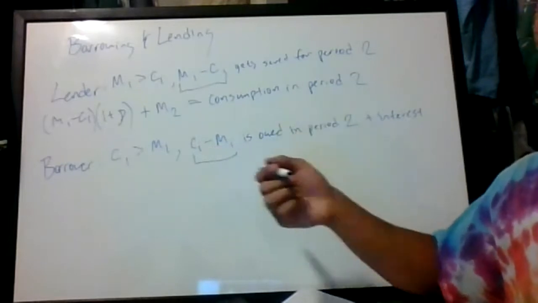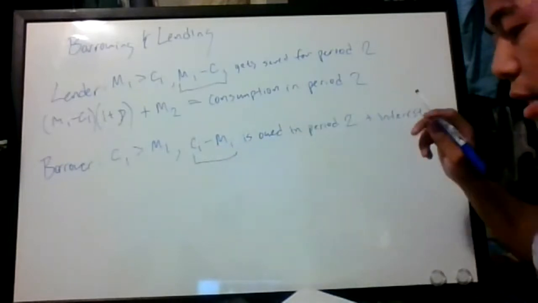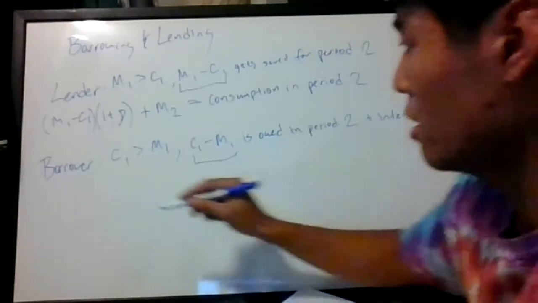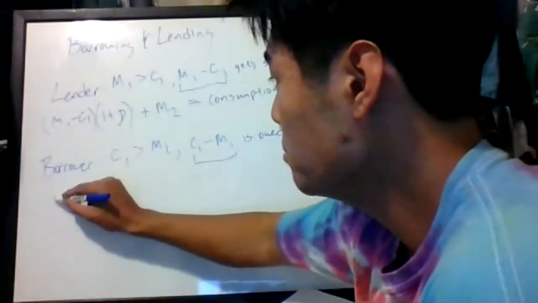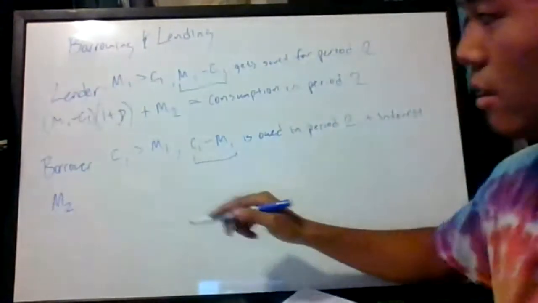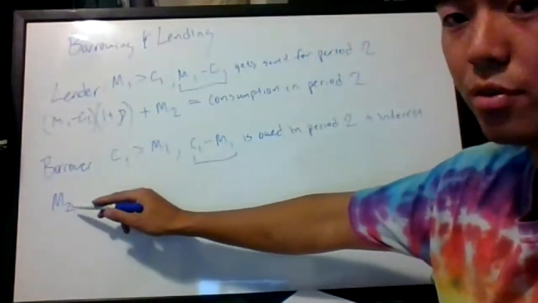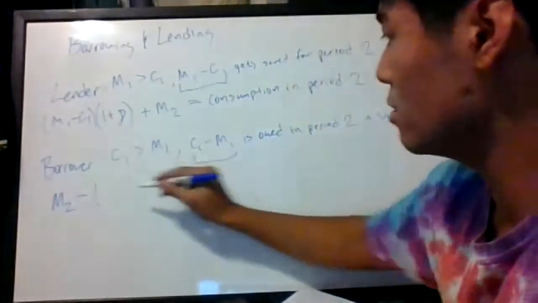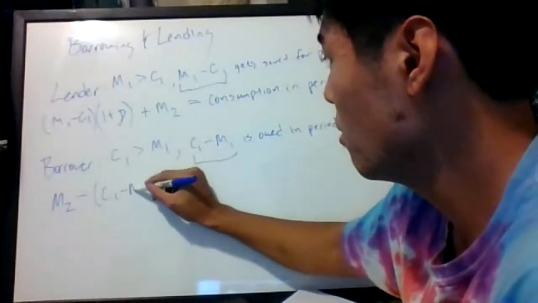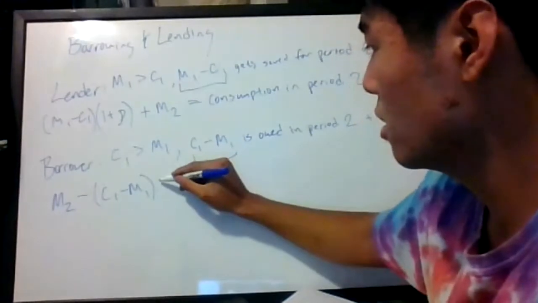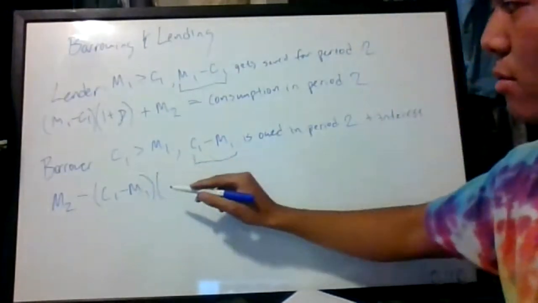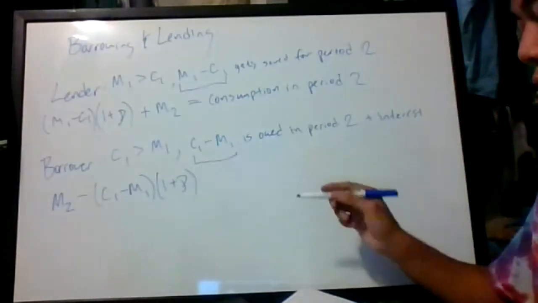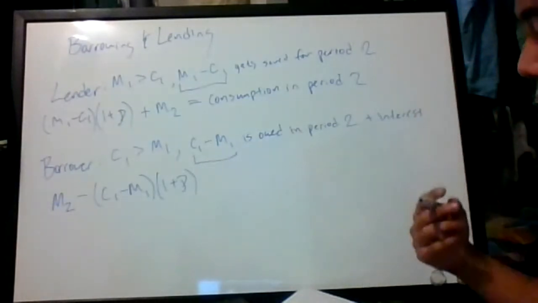And so we owe this amount plus interest. And so we say that our future consumption is going to be M2, the amount that we have in period 2, minus this amount, C1 minus M1. And then we multiply this amount times the interest, which is 1 plus rho.